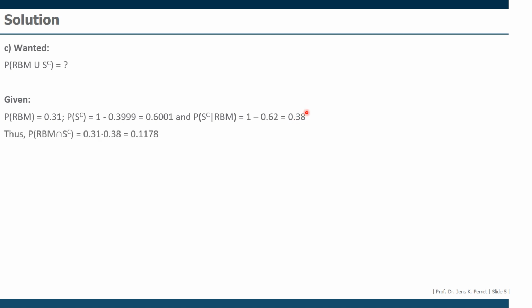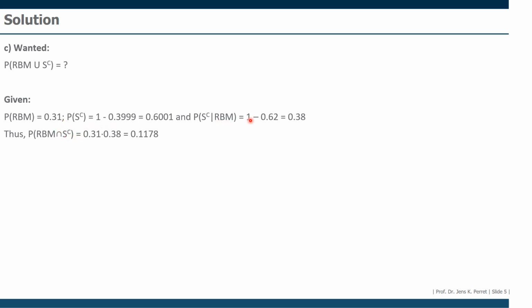This one we can use with the formula for the conditional probability, but solved for the probability of studying RBM and not doing the semester abroad in Spain, which in this case would simply be the conditional probability, this one here, multiplied with the probability of the condition occurring.